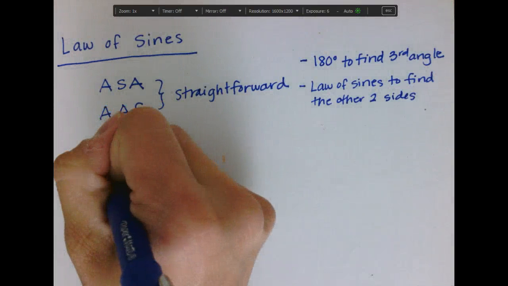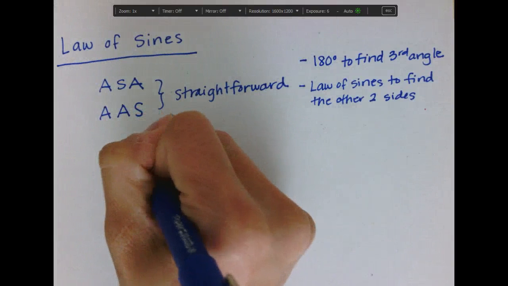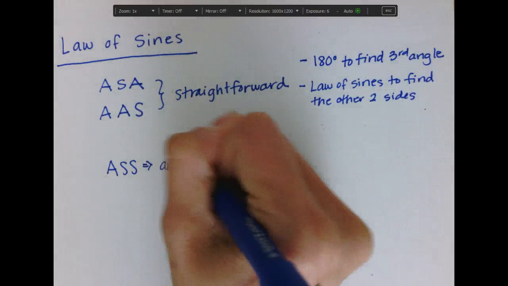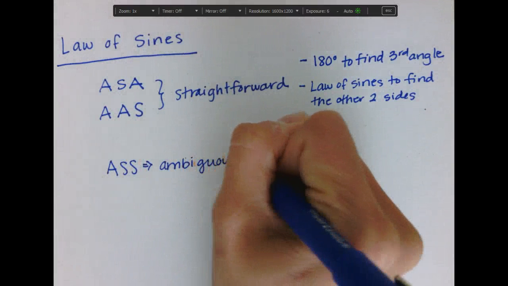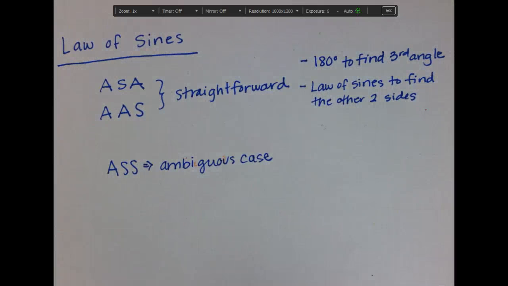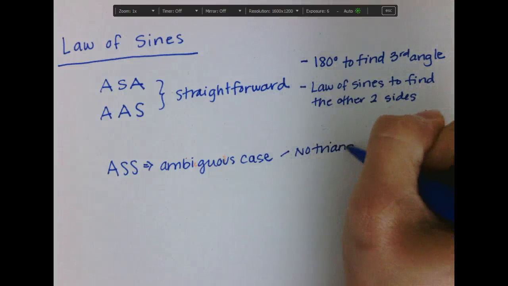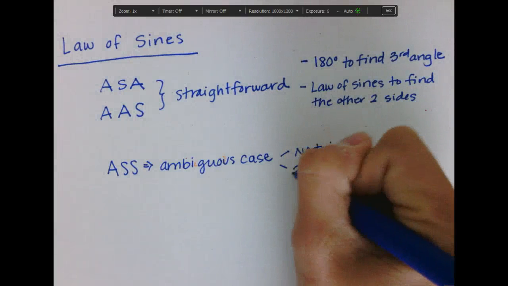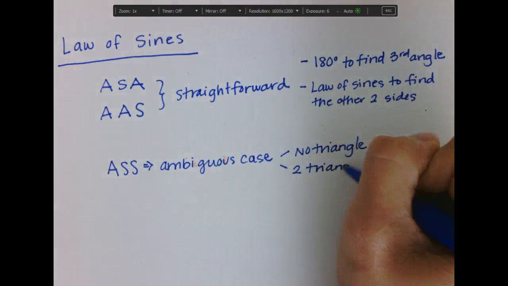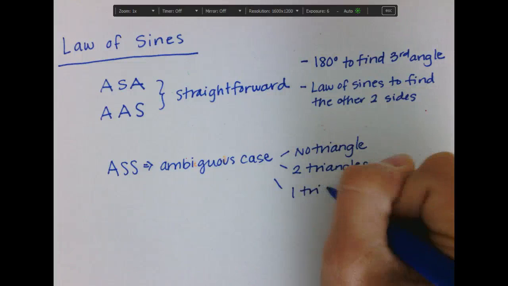Then we have the ambiguous case, which means based on the given information, we don't know what type of triangle will be formed, if any. So we have no triangle, we have two triangles, or we have one triangle.